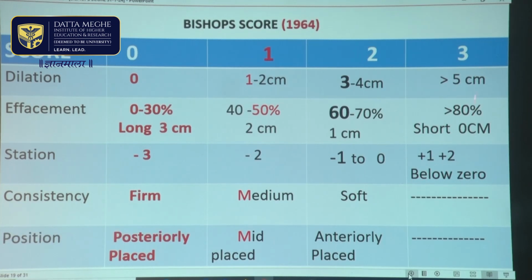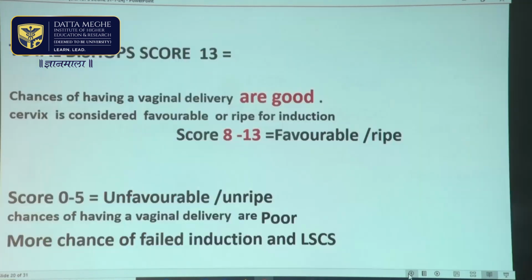This finding is usually the onset of labor pains. So, remember this column first, or remember these points for unfavorable cervix and these points here for favorable cervix. This is how, in short, you remember the scoring, so that it is easy to judge whether it is a ripe cervix or unripe cervix.